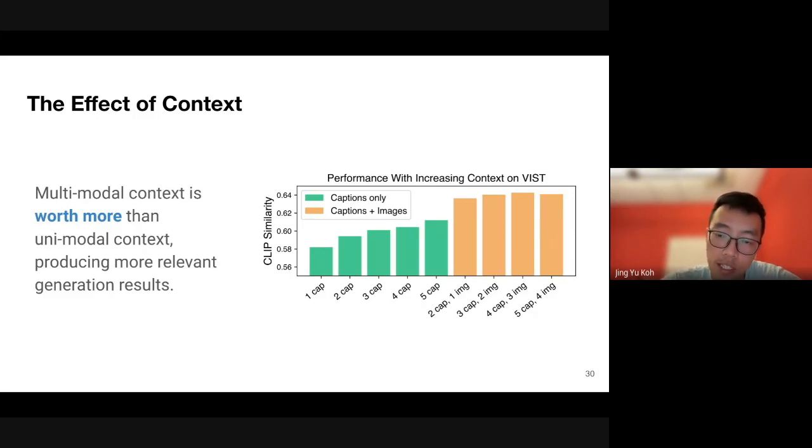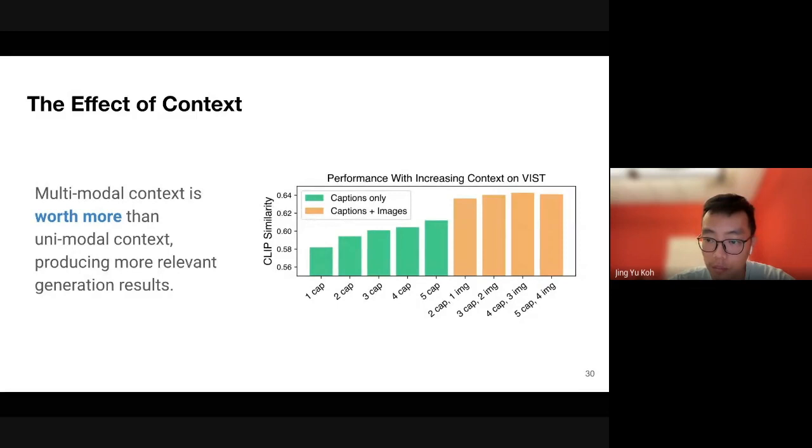So this is one reason why conditioning on images helps to improve the similarity of generated images. So models like GILL, which can process image content, can also condition on this to generate more relevant images over just text. So this experiment shows that multimodal context is worth more than unimodal context in this example, and it allows us to produce more relevant generated outputs.